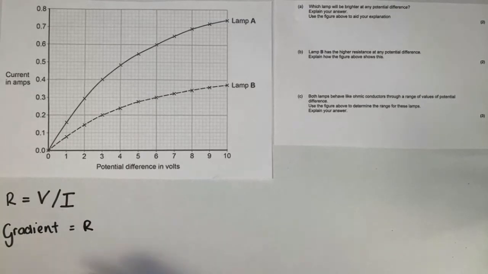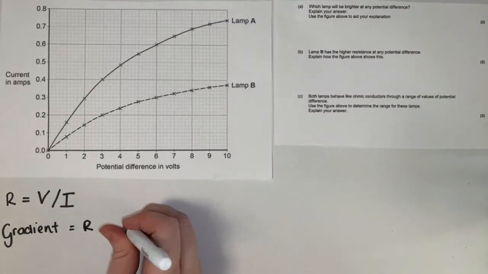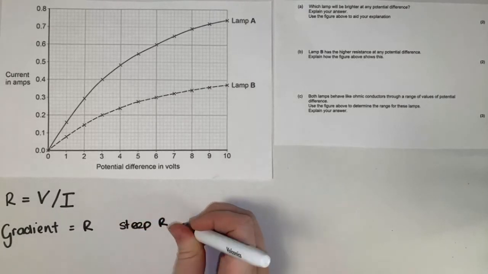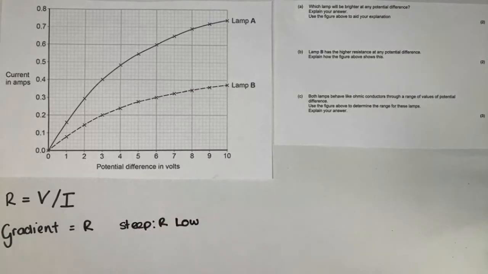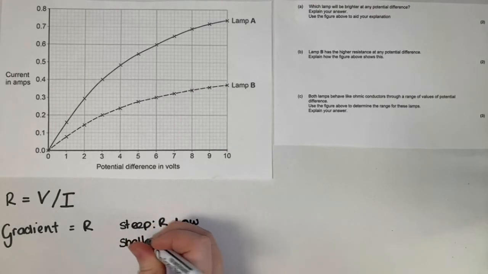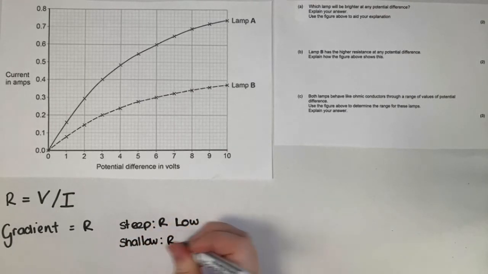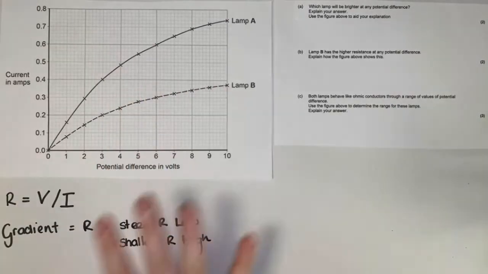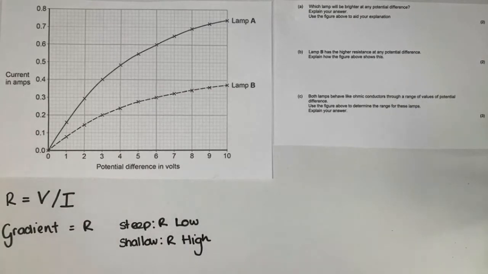So if the gradient is steep, then resistance is low. If the gradient is shallow, then resistance is high. Okay, so that's sort of the background information we need to think about this graph going in.